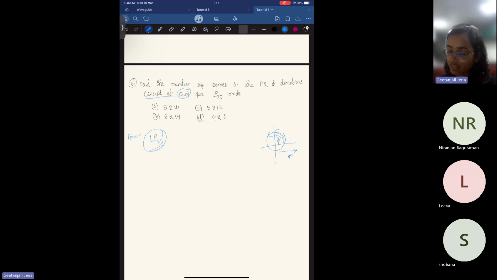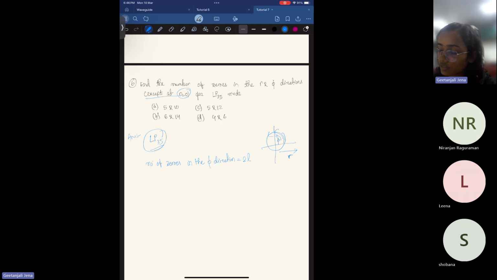You just need to recall that the number of zeros in the phi direction, that is the azimuthal direction, is equal to 2L.